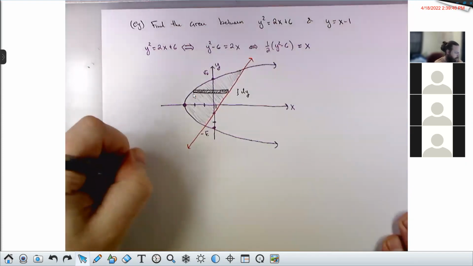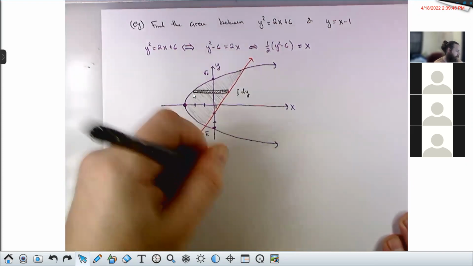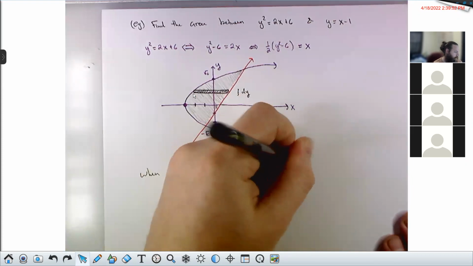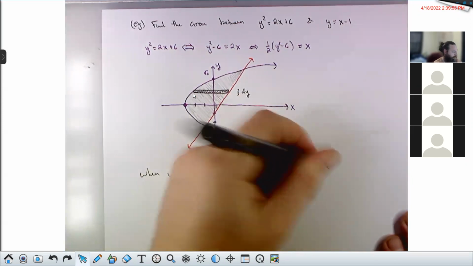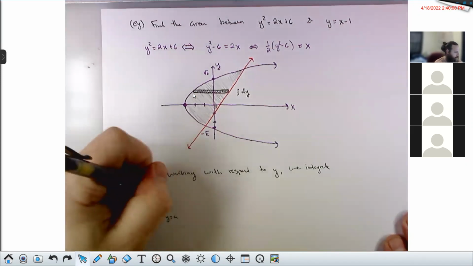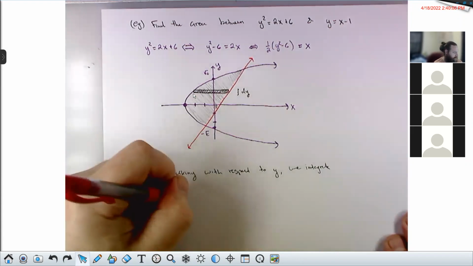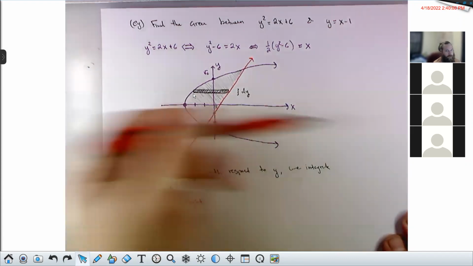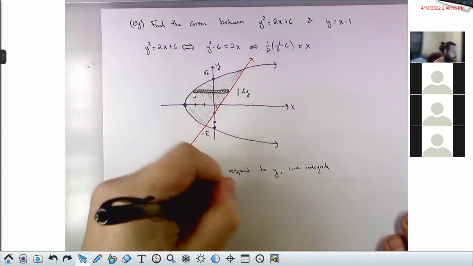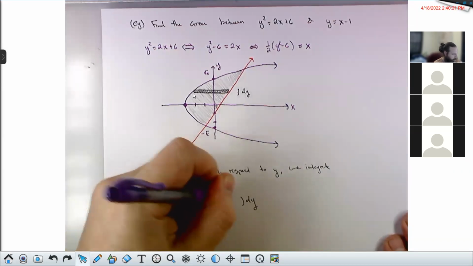So when working with respect to the variable y, we integrate from the smallest y value in your region to the largest y value in your region, the right function, because it has the larger x values going up that way, minus the left function, dy.